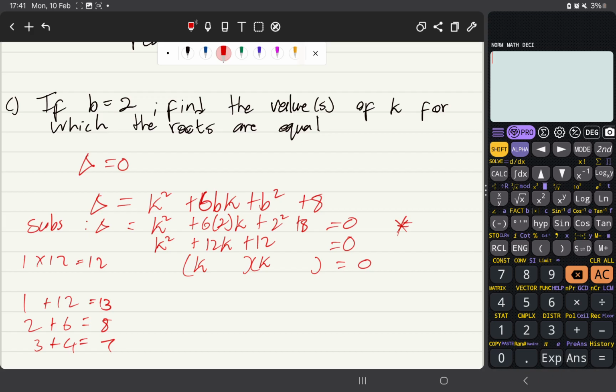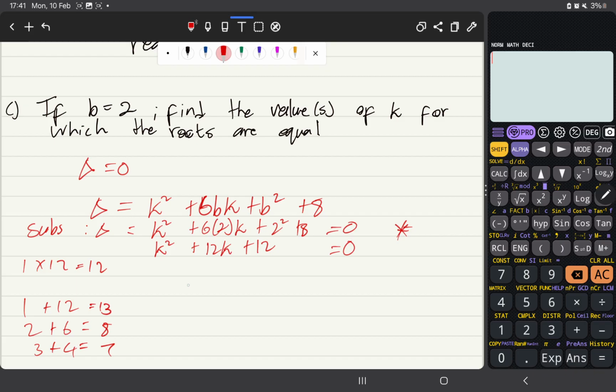We have already solved using the quadratic formula.